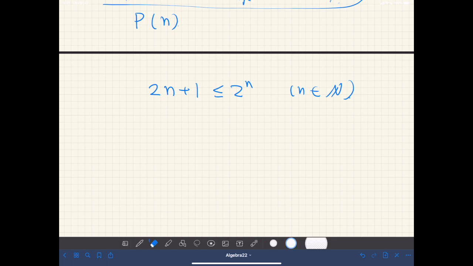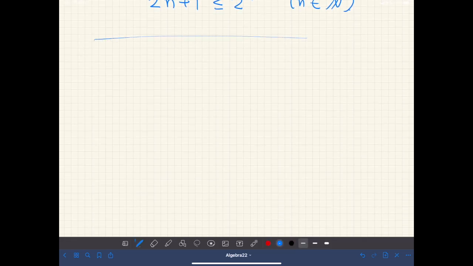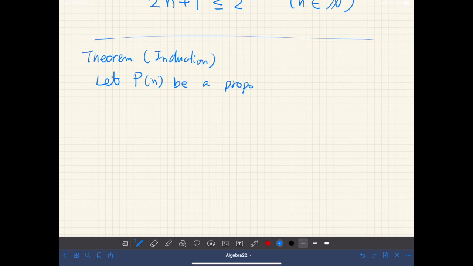Next, we introduce the principle of mathematical induction as a theorem. Induction. Let P(n) be a logical proposition depending on n.